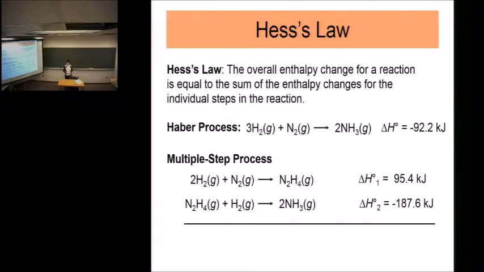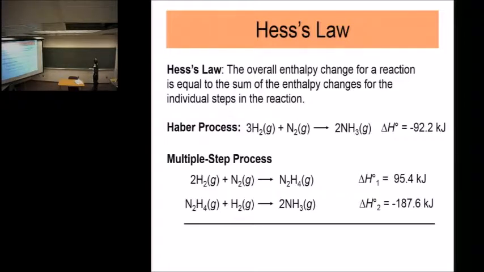So if I were to add all this together, I would say N2H4 plus H2 plus 2H2 plus N2, and then draw my arrow, and then I would have N2H4 plus 2NH3.